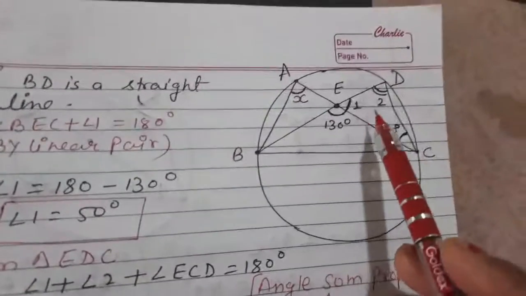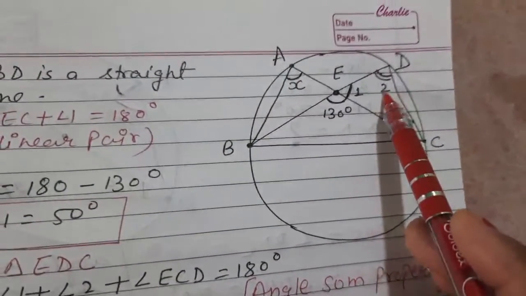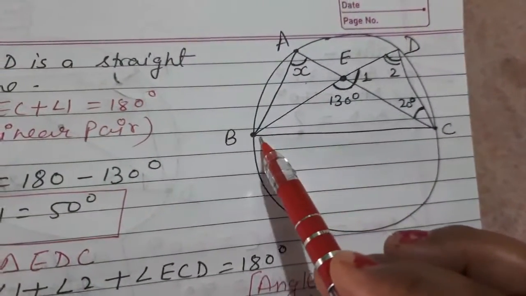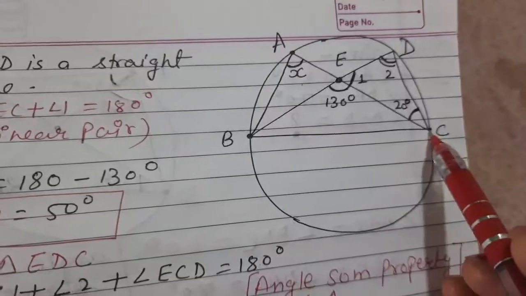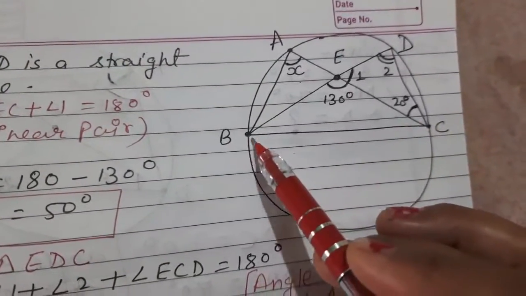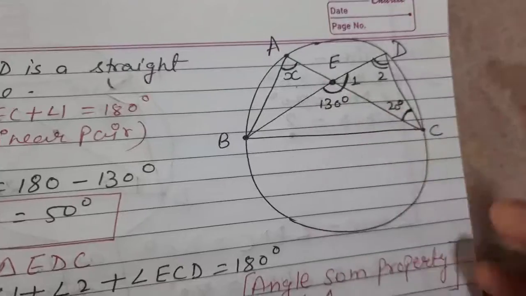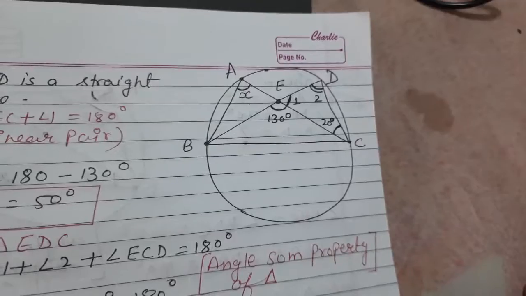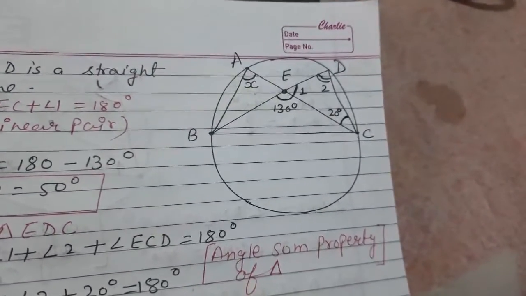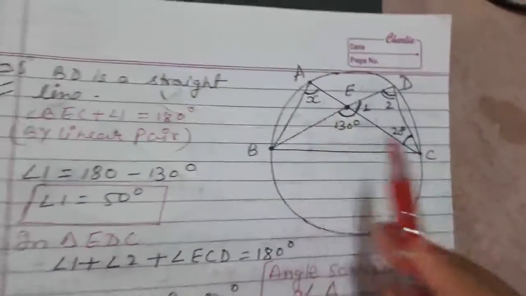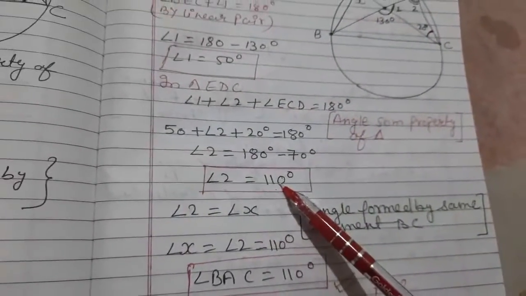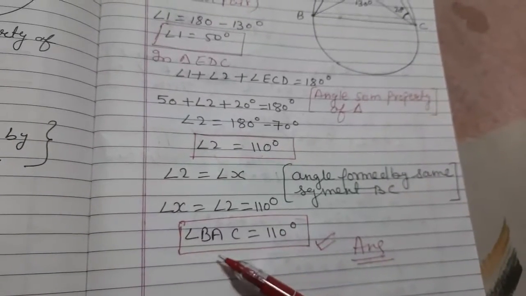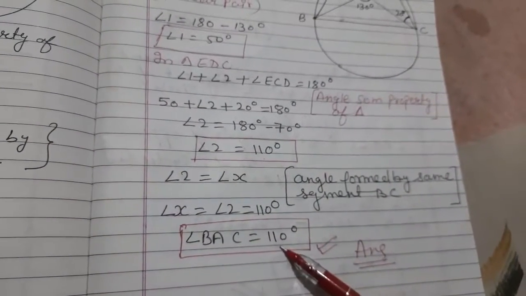So let's see where angle 2 is and where angle X is. Angle 2 is at point D and angle X is at point A. So this segment BC, the same segment, is forming angle D and angle A. So by the property that angles subtended by the same segment are equal, angle 2 will be equal to angle X. So angle 2 is equal to 110 degrees, so angle X will be equal to 110 degrees. So we have to find angle BAC equal to 110 degrees.